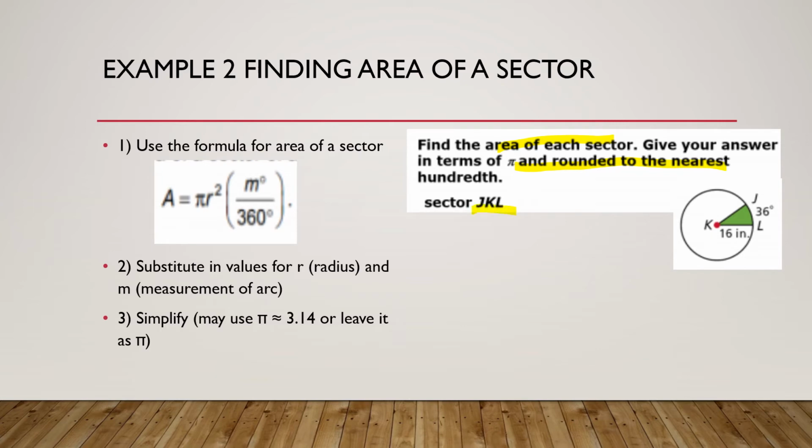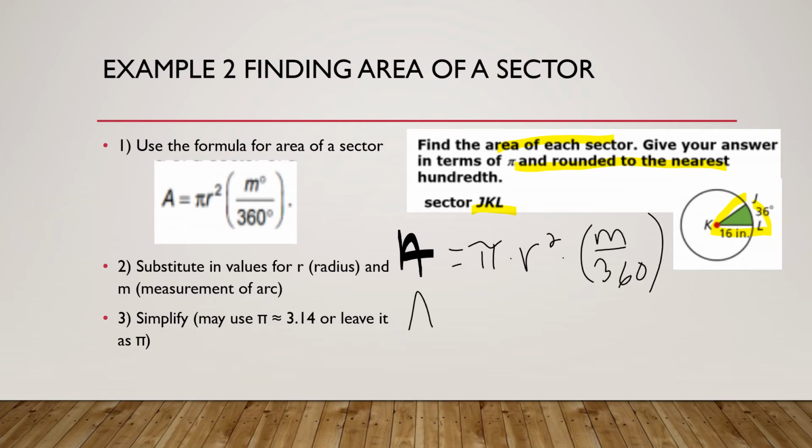This time we are doing JKL. So here's JKL. So that's my sector. We start with that formula. So area equals pi times radius squared times measure of our arc divided by 360. So we have area equals, since we are approximating pi, we'd use 3.14. Remember, we are multiplying.